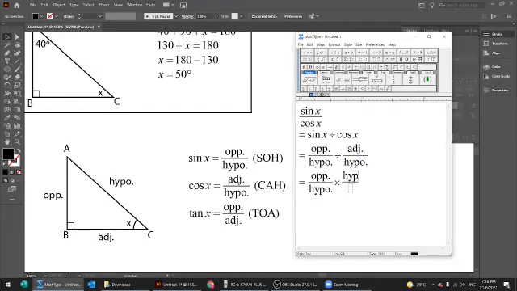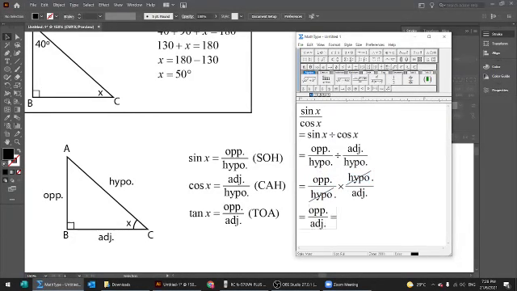So it becomes hypotenuse over adjacent. The hypotenuse here and the hypotenuse here can be cut off because one is in the numerator and one in the denominator. So what do you get in the end? Opposite over adjacent.